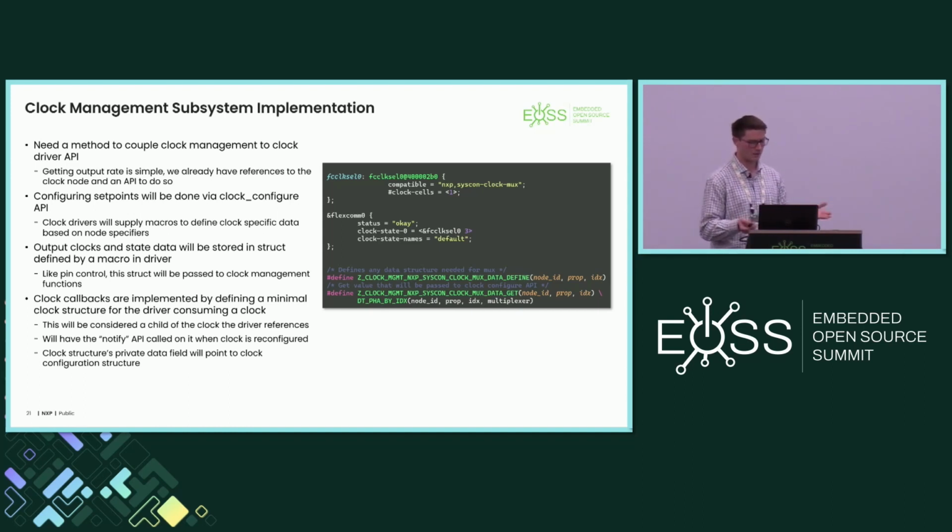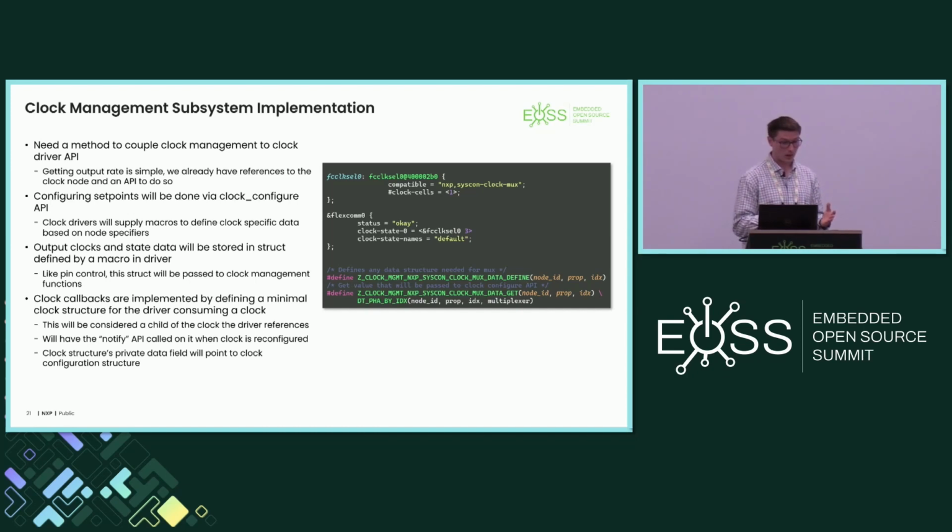The big difference here is we use the compatible to determine what the macro name will be, and then your SOC, or if you have an external clock producer, you'd have to provide a header file with these macros in it, and then the clock framework uses those macros to extract what the configuration values it needs to pass through would be. And then we configure set points with this clock configure API.